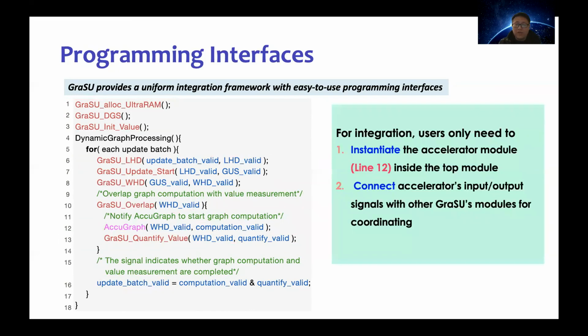As shown in the figure, we provide a uniform programming framework. Users only need to instantiate the accelerator module inside the top module, and then connect the accelerator's input-output signals with other GraSU modules.